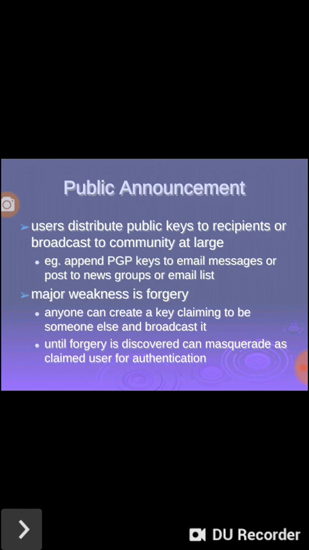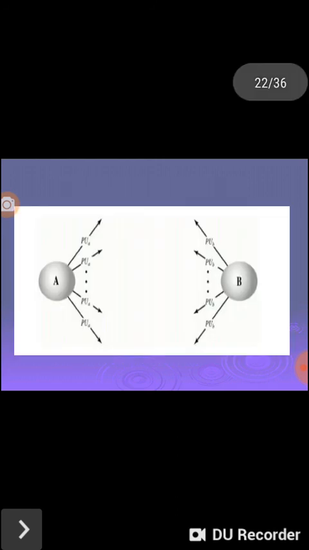Anyone can create a key claiming to be someone else and broadcast it. Until the forgery is discovered, they can masquerade as the claimed user for authentication. The diagram shows how user A and user B announce their public keys.